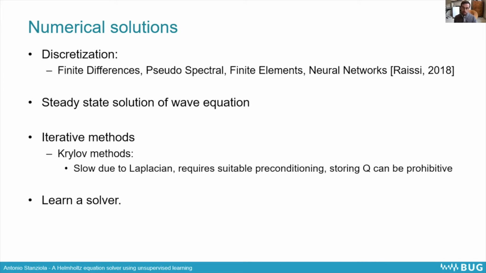Basically what they do is build up a subspace by repeatedly applying the forward operator, in this case the Helmholtz operator. After building such a subspace, those methods solve the problem in this subspace and then project it back to the original space. The most famous Krylov methods would be either GMRES or conjugate gradients.